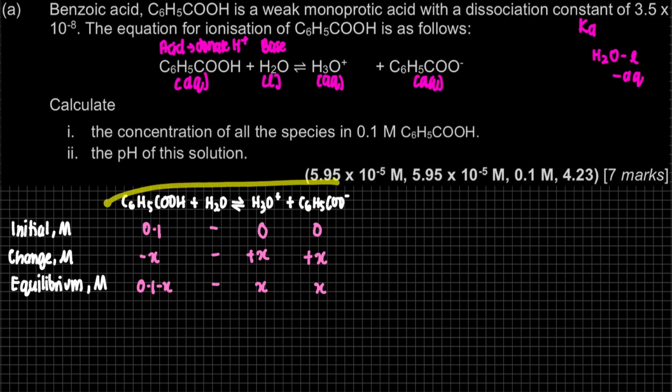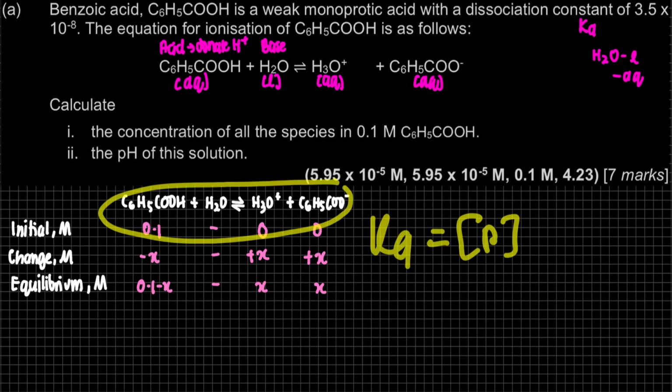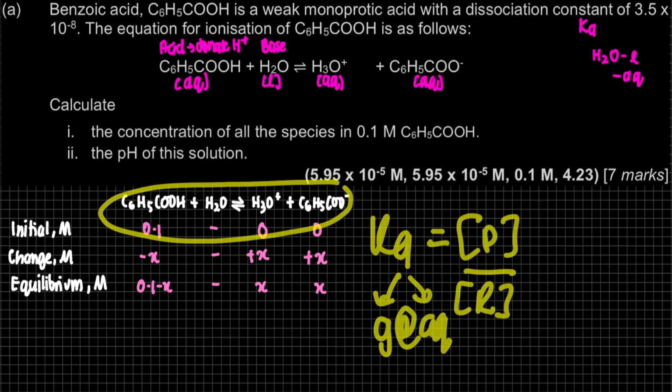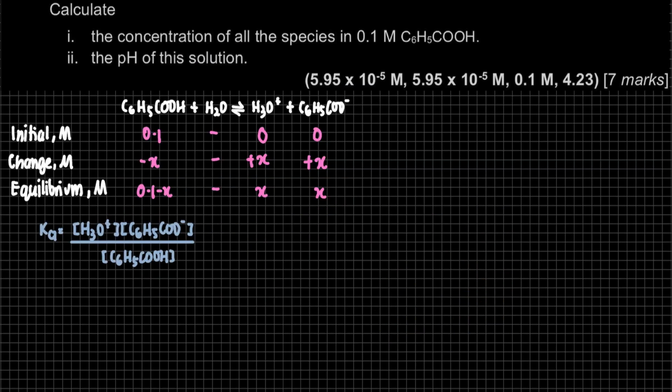From this equation, I'm going to write down what my Ka is: the concentration of products divided by the concentration of reactants. Again, K is only for gas or aqueous. This chapter is mostly aqueous. So when you write down the Ka, remember H2O is our liquid. Liquid is not included.